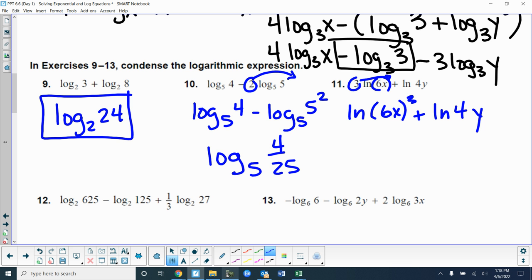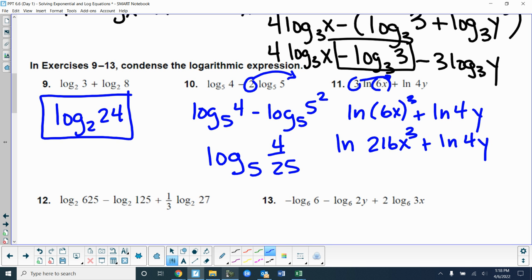All right. So what I need to do with this is multiply this out. 6 cubed is 216, and then x cubed. So it's this now. Well, what am I supposed to do with the 4 and the 216 now?